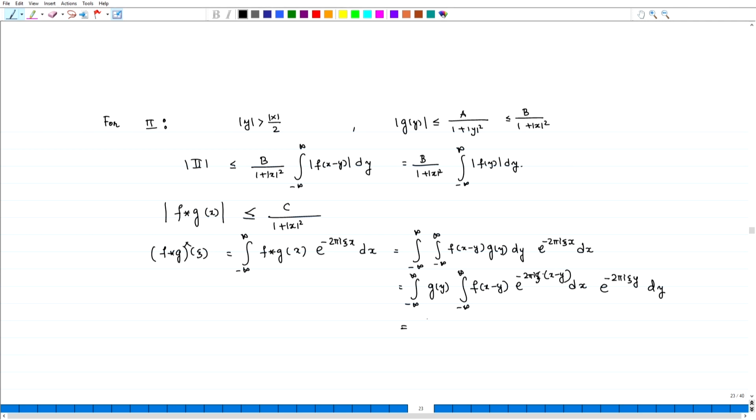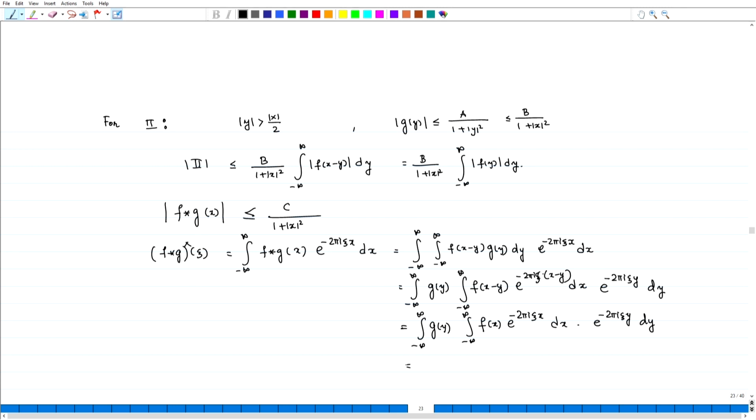By making a change of variable for the inner integral, we have the integral of f(x) e^(−2πiξx) dx, then e^(−2πiξy) dy.